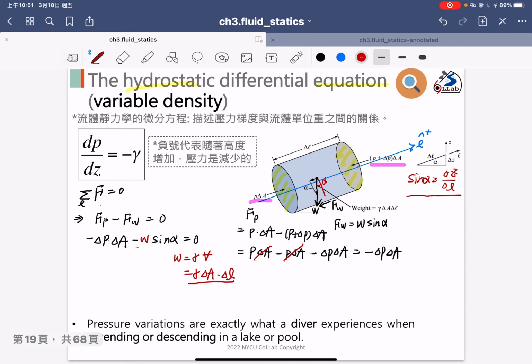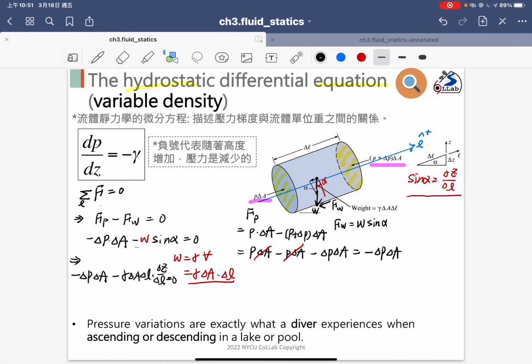So you can rewrite the equation. It's minus delta P multiplied by delta A, minus the weight, which is gamma delta A delta L, and the sine alpha is the delta Z over delta L, and it's equal to 0.